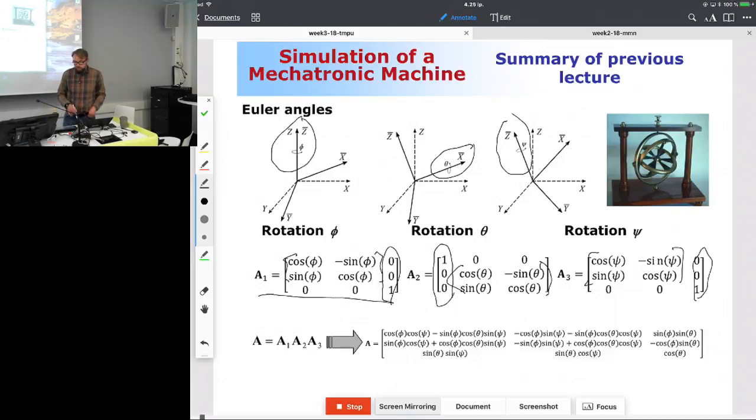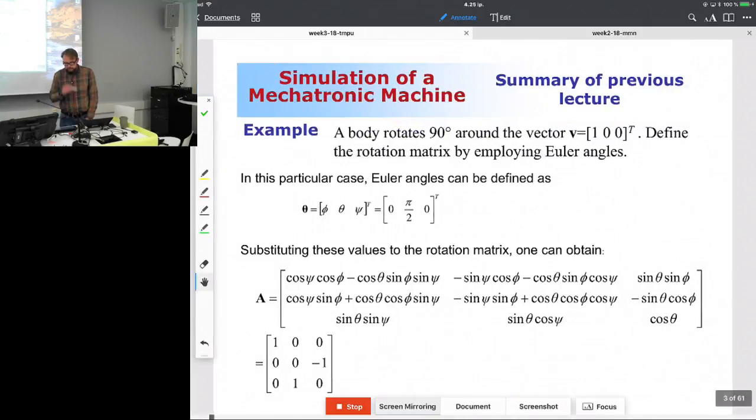Clear? Successive rotations can be handled mathematically by multiplying matrices together. Once you do that, that's how the final result looks. So that's how the 3x3 rotation matrix based on Euler angles looks. Let's practice.